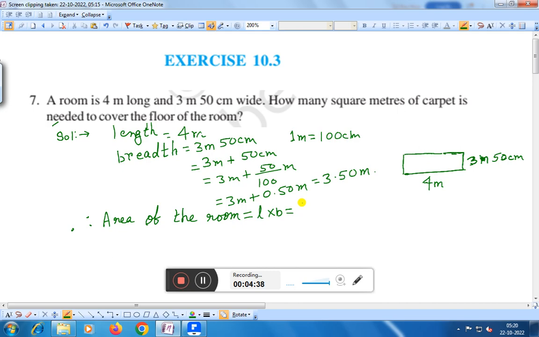What is the length? Length is 4 meter. Therefore it is 4 and breadth is 3.50. And it will be square meter.